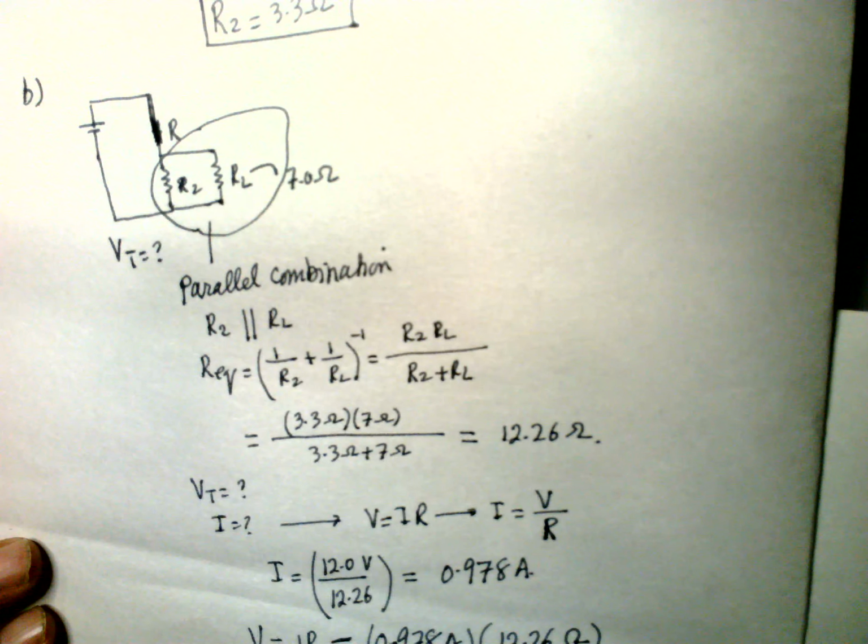So R1 is equal to 10 ohm, R2 is equal to 3.3 ohm. Now in parallel, R2 is equal to 3.3 ohm and our load is equal to 7 ohm.